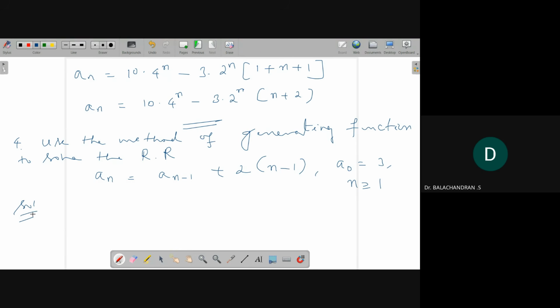Solution. Let g of x be the generating function of the sequence a n, summation n equal to 0 to infinity a n x power n.